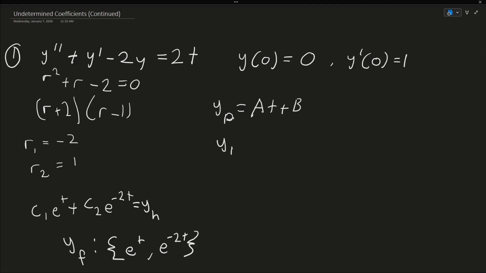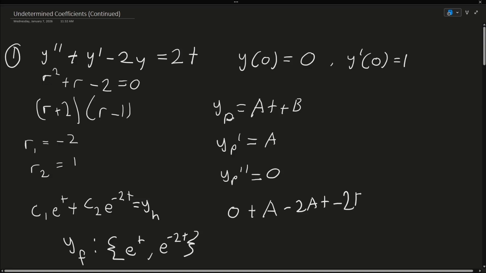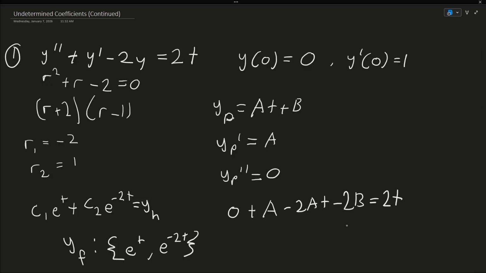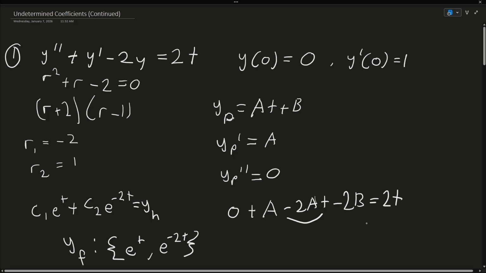Our first derivative, yp prime, is going to be a, and our second derivative is going to be 0. If we plug this into the differential equation, we will have 0 plus a minus 2at minus 2b, and this will be equal to 2t. We don't have any constant terms. However, minus 2a is the coefficient in front of t, so a is equal to minus 1.